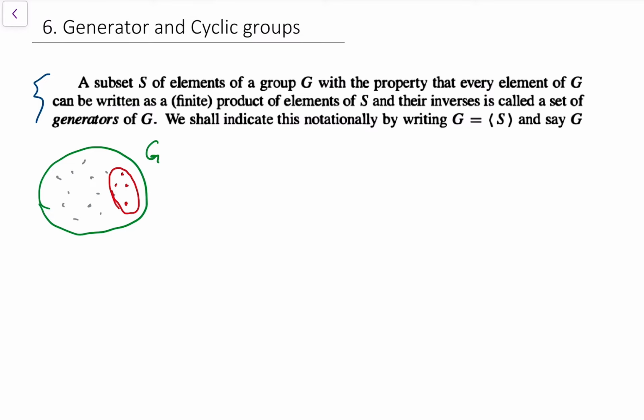So it says this subset S, which is actually the set of generators, is the set of elements of a group G with the property that every element of G can be written as a finite product of elements of S and their inverses.